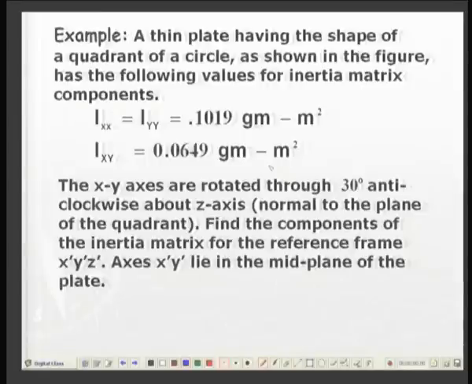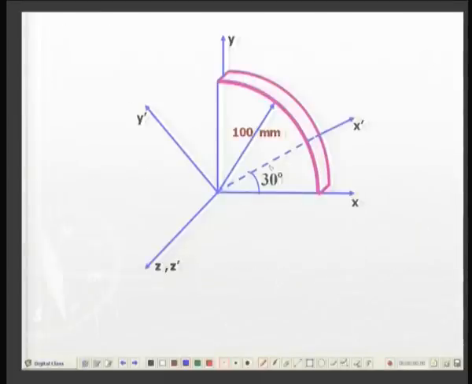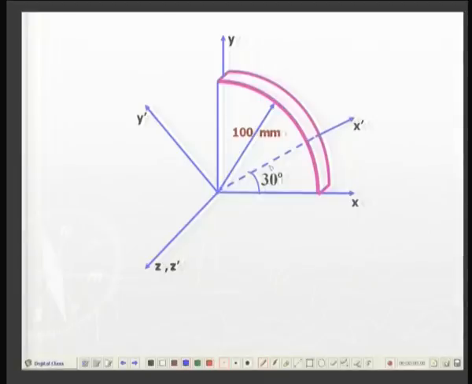Let us have one more final example and then we will close this chapter. Here is a plate, a thin plate, which is a quadrant of a circle. Various dimensions are given, and one coordinate system x, y, z is passing through the mid plane of the plate.